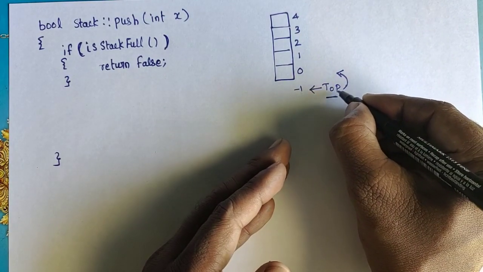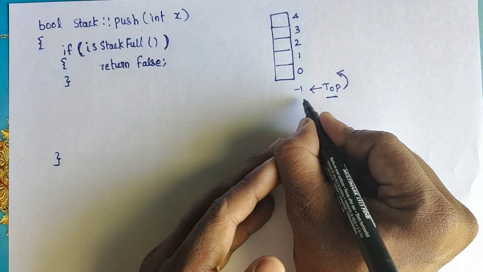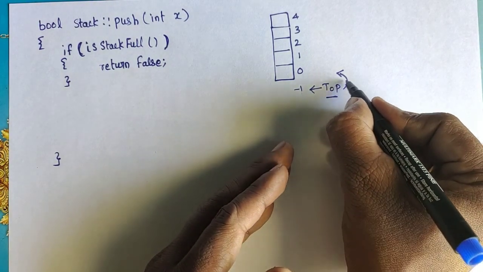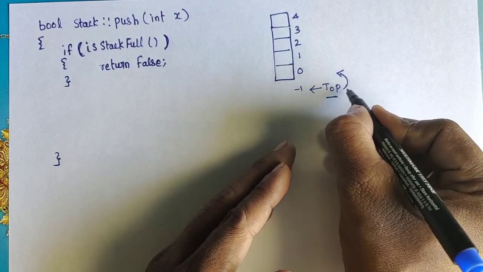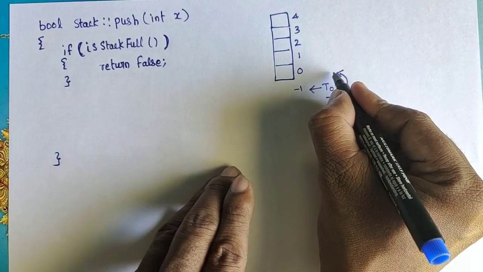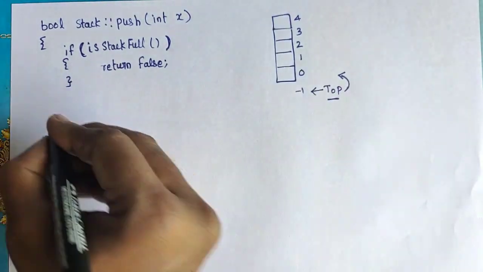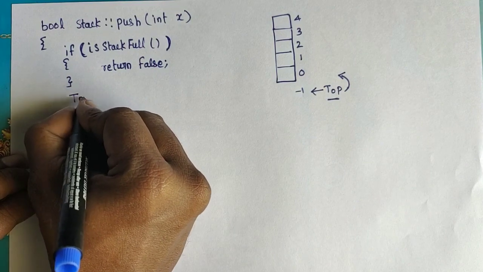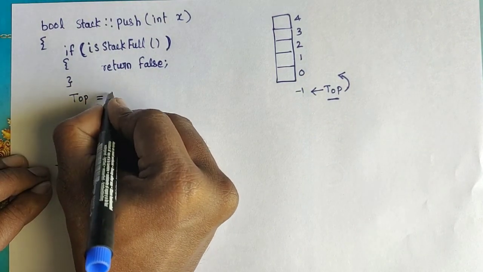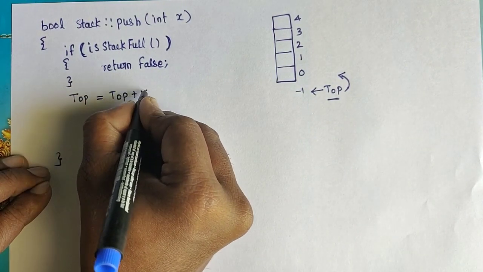Now the top is pointing to the recently inserted element. So moving the top to the next free location means top equals top minus 1, sorry, top plus 1.